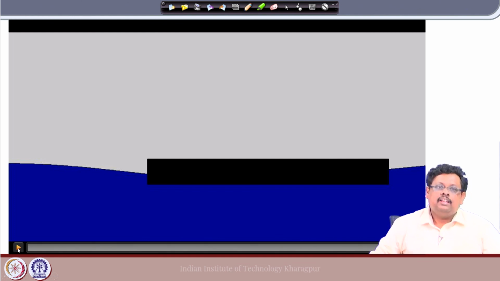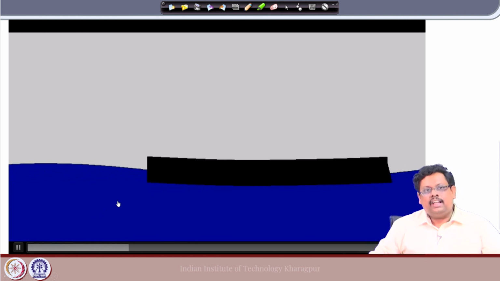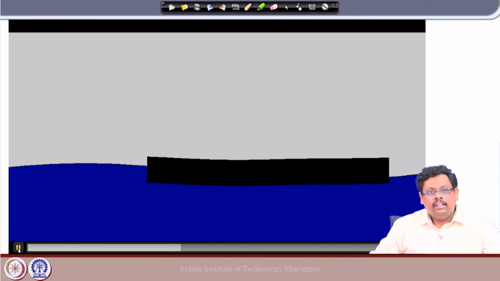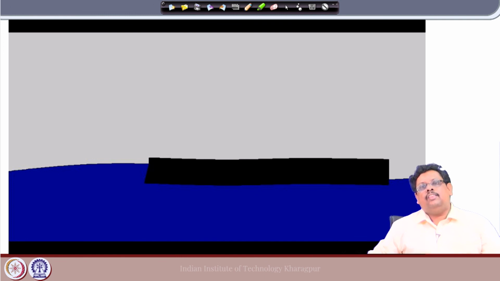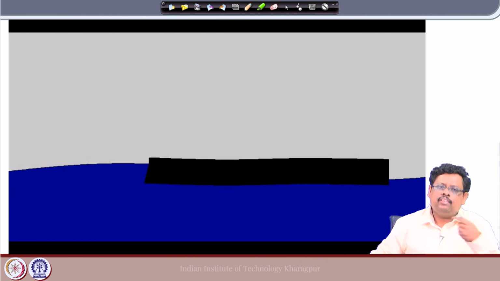Here you can see the waves hitting the structure and the structure oscillating. If you look carefully, this structure is not behaving like a rigid body. For a large floating structure, the structure no longer behaves as a rigid body, it behaves as a flexible body, and this becomes more complex to solve, but this phenomenon is very interesting and very important also.